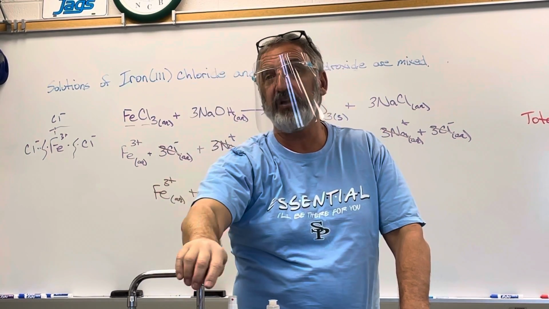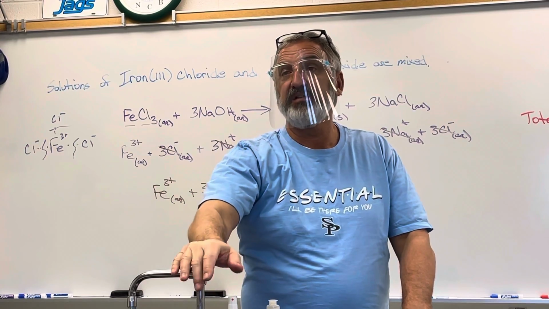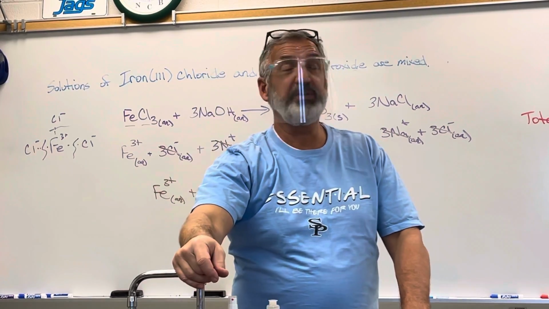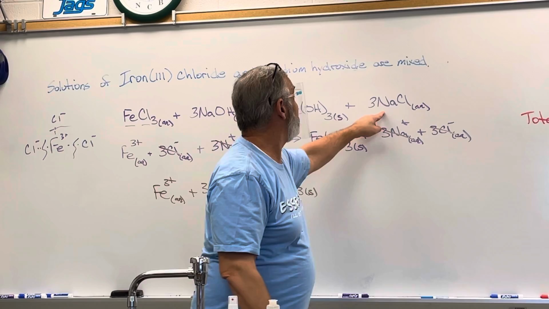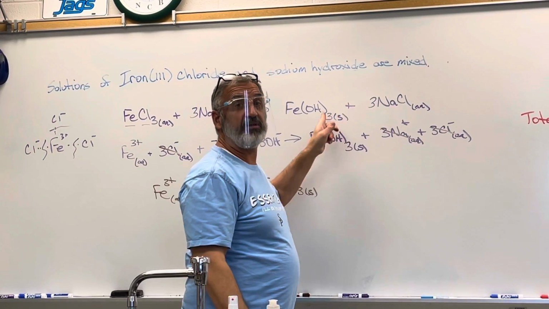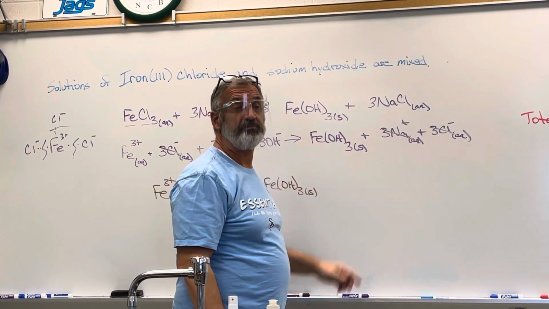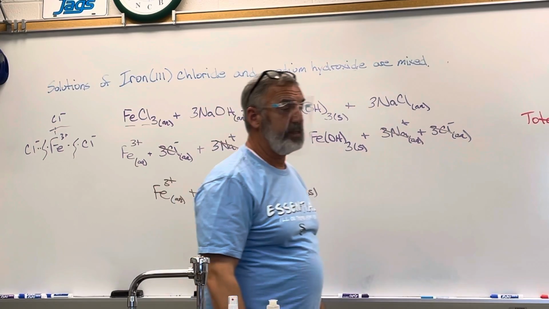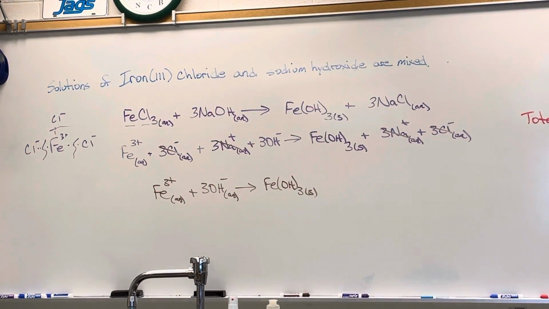Everything else is insoluble hydroxide. That's a second way to know. But generally, just know our big 3. This is an alkali metal, so it's aqueous, so the other one has to be the precipitate. Okay, so quiz tomorrow.